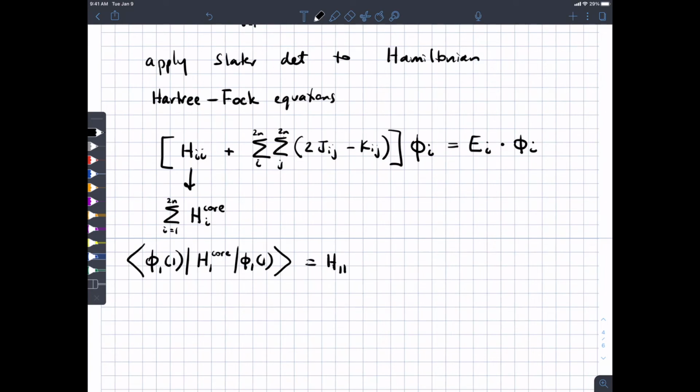And that's a favorable number. That basically describes how favorable it is to have that one electron near that nucleus or that set of nuclei with the kinetic energy that it has. We call that a core integral because it only involves the single electron with its environment. Okay, questions about where that comes from?